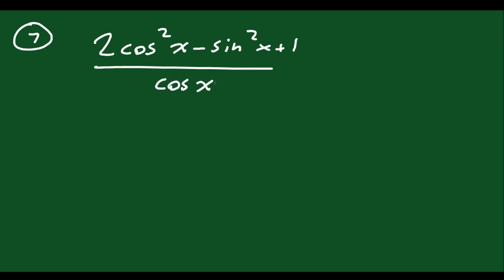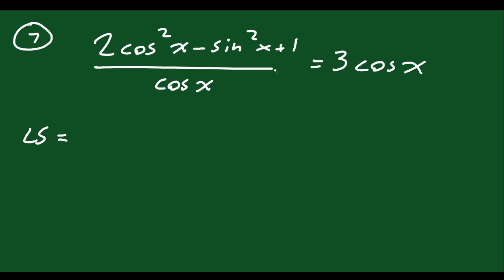Number 7, 2 cos squared x minus sine squared x plus 1, divided by cos x, is equal to 3 cos x. So obviously the left side's a lot more complicated. I'm going to work on the left side. Okay, now what do I have? Well, I have 2 cos squared x minus sine squared x.